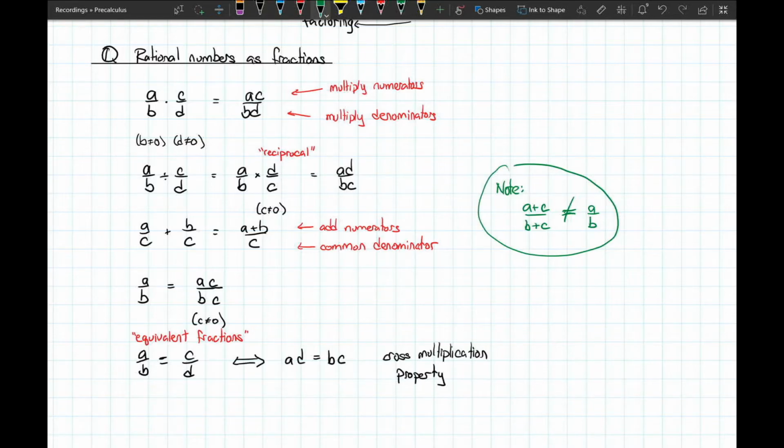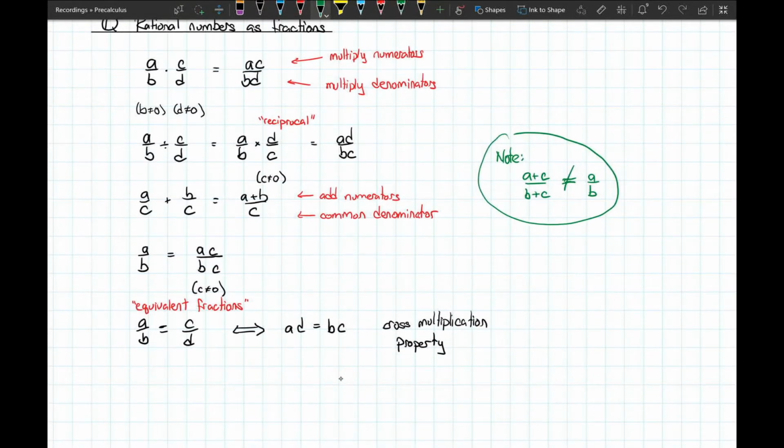So as an example of cross multiplying, you can see that we talked about 3/4, and if you take that and you multiply top and bottom by 2 each, then you would end up with 6/8. Now we know that those are equivalent fractions from that fourth property I was just talking about, but you can also check it by cross multiplying. 3 times 8 is 4 times 6, and both sides equal 24.